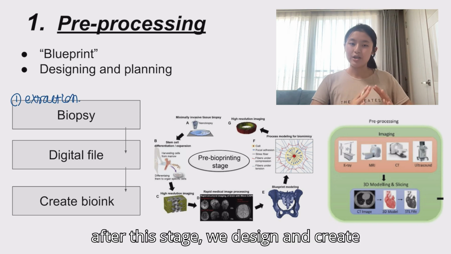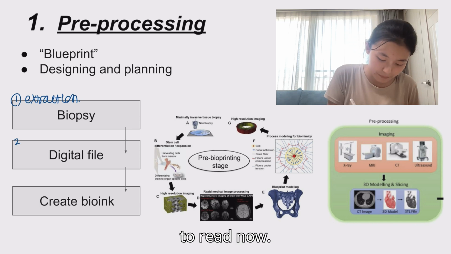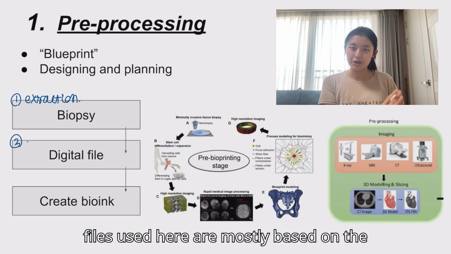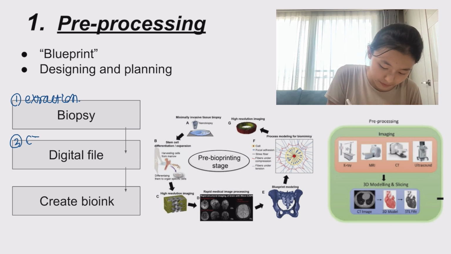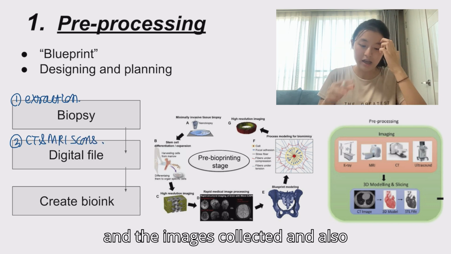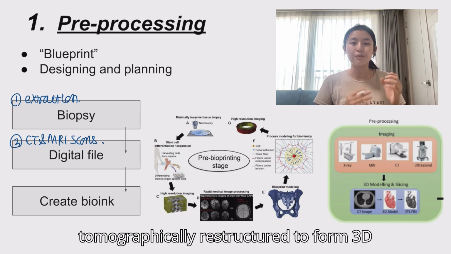Now, after this stage, we design and create a digital file for the bioprinter to read. Now, the files used here are mostly based on CT and MRI scans. And the images collected and also compiled in this digital file are tomographically restructured to form 3D images.